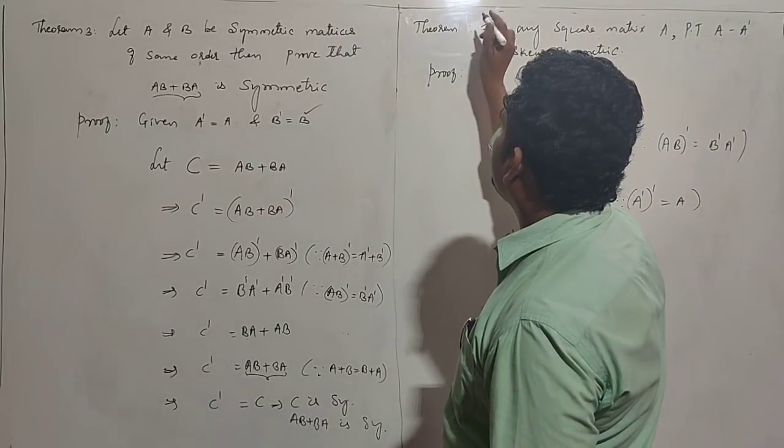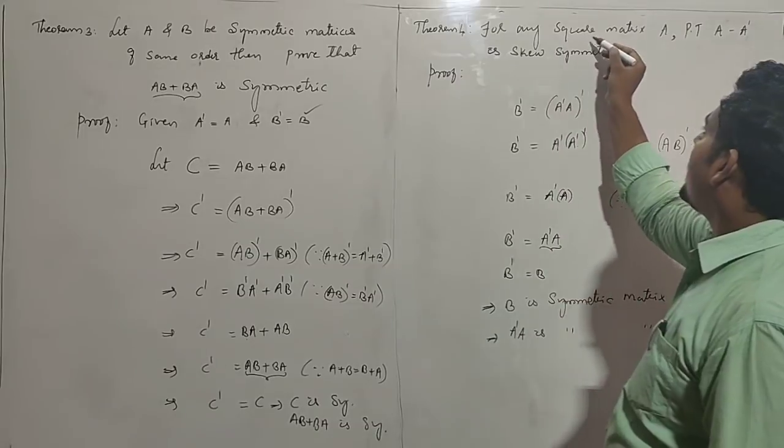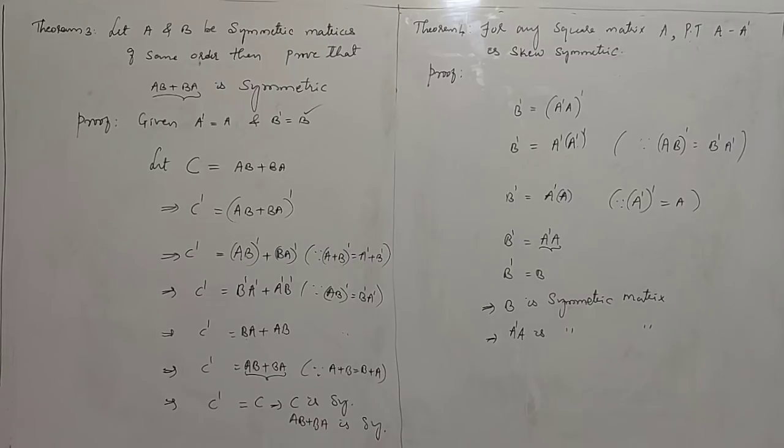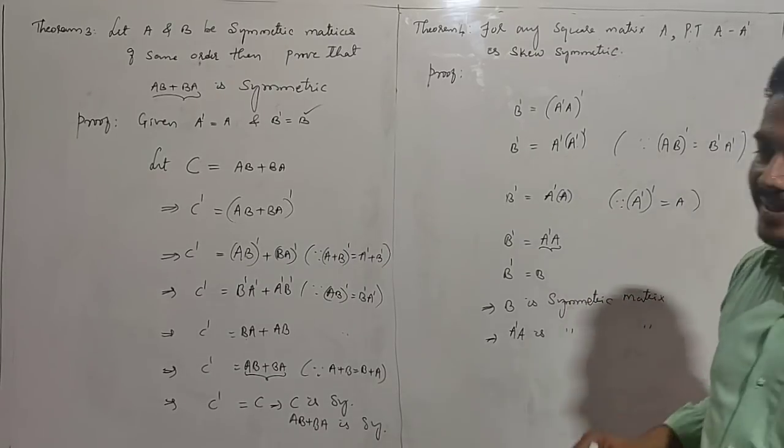Fourth one. For any square matrix capital A, prove that A minus A transpose is a skew symmetric matrix. Again, same procedure only.